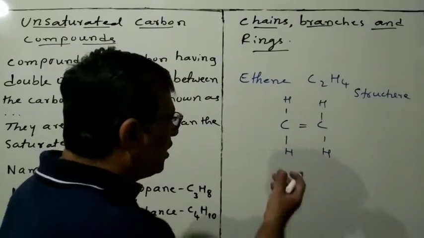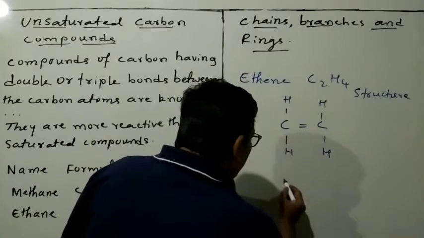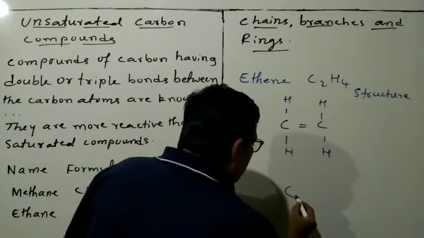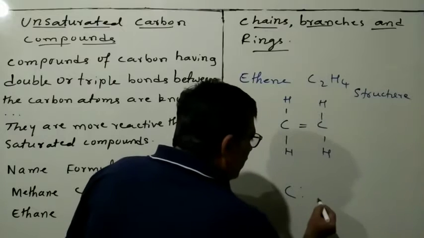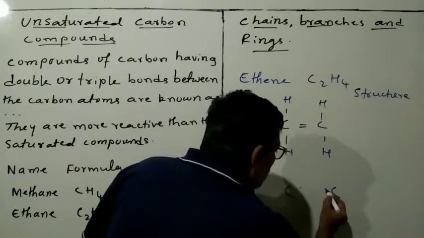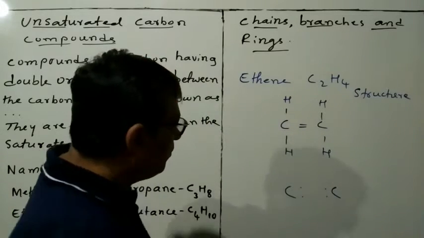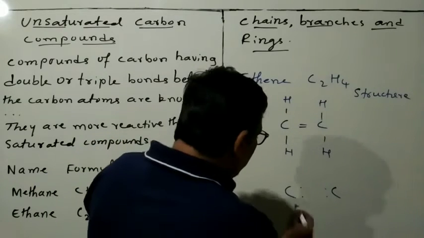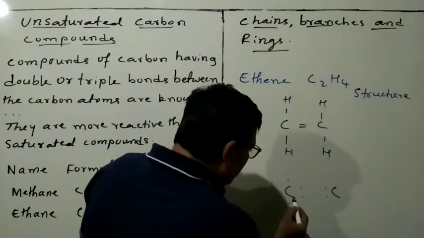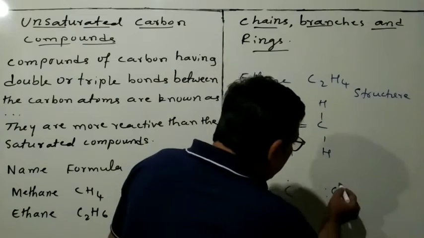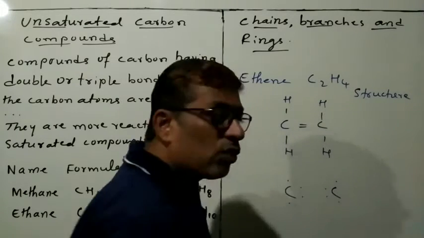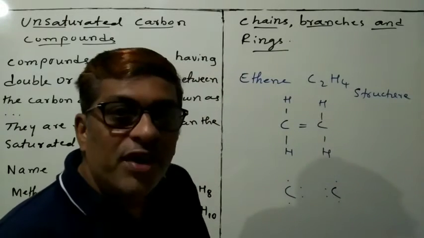See, in the electron dot structure, you also know the double bond, so that's why we make it like this, a double bond. So C2 here and here also C2. Then you can place another two atoms here and here and here and here, according to our convenience.